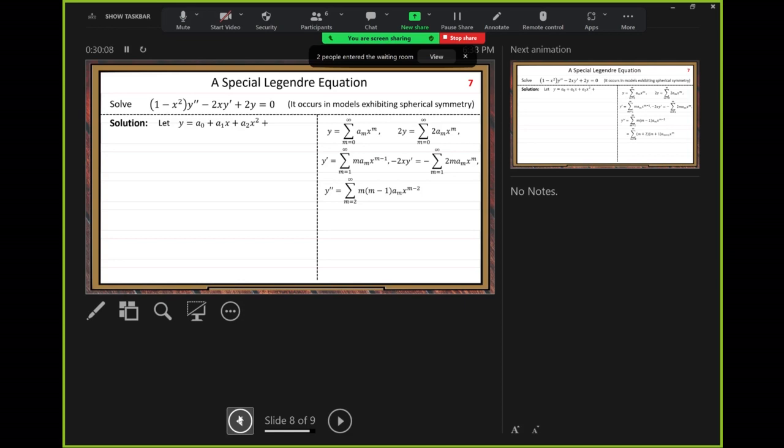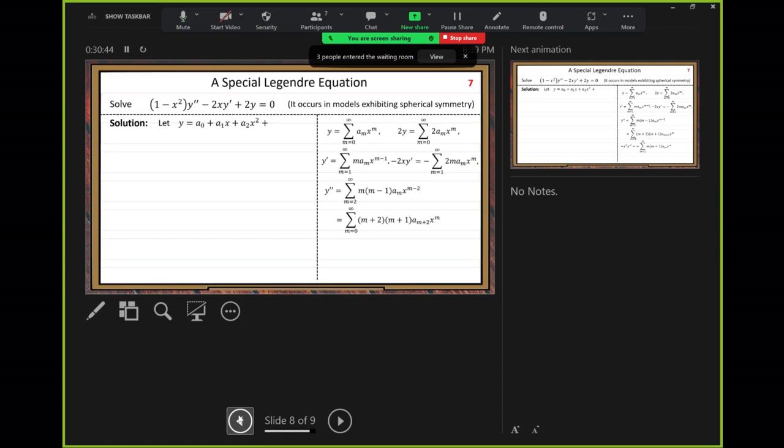M starts from 2, because the terms from 0 and 1 are all 0, so we start from 2. Then you multiply 1 minus x squared. Remember last time I showed you, we use m prime to represent m minus 2, so we can change to this summation.